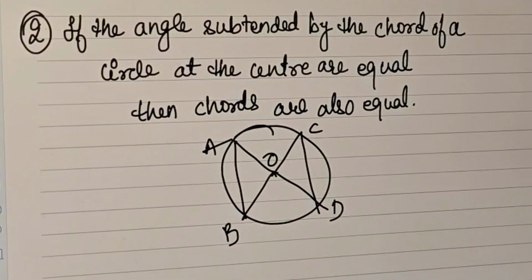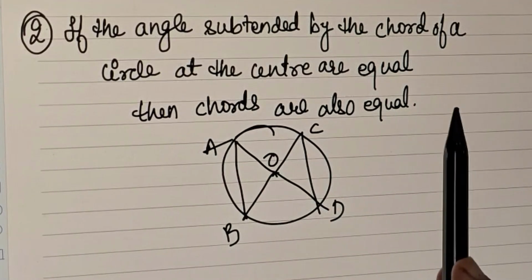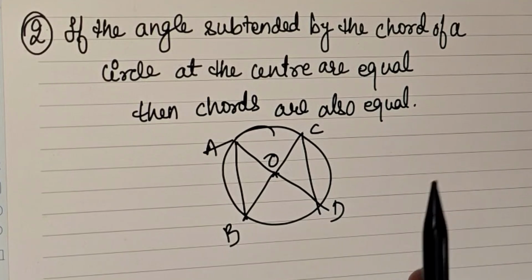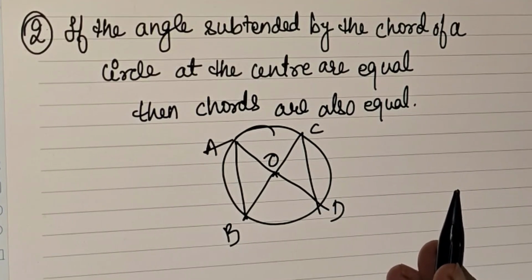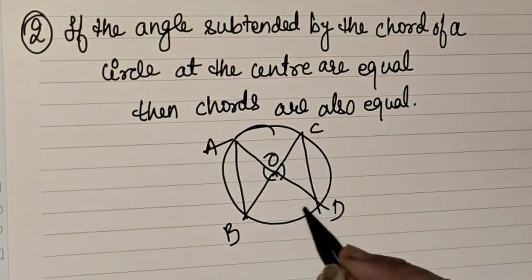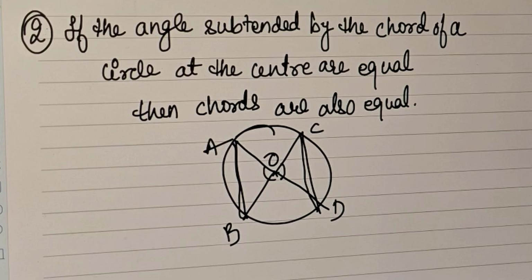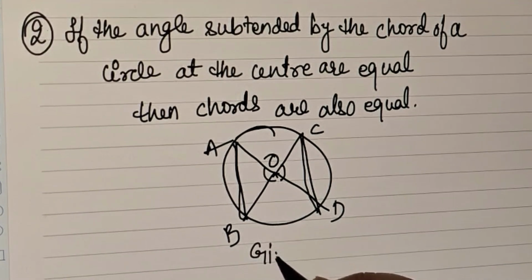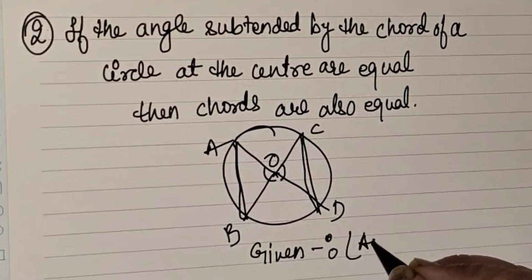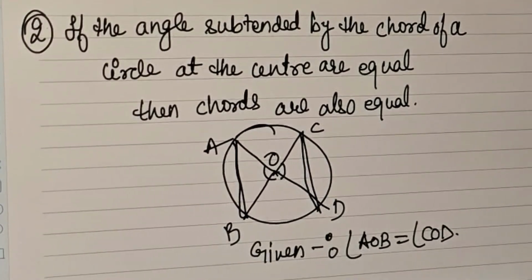Next theorem, which is the converse of the first one. If the angles subtended by the chords of a circle at the center are equal, then the chords are equal. Meaning, you are given that angles are equal and we need to prove that AB and CD are equal. Same procedure. First writing the given condition. Given is angle AOB is equal to angle COD.